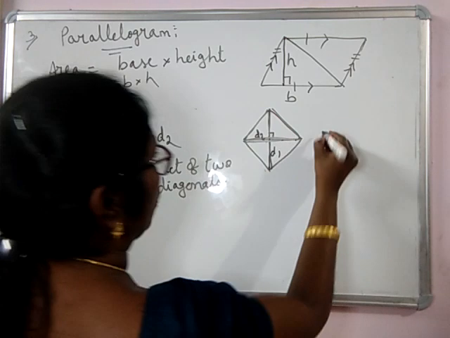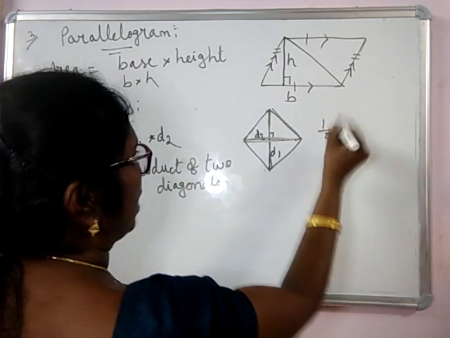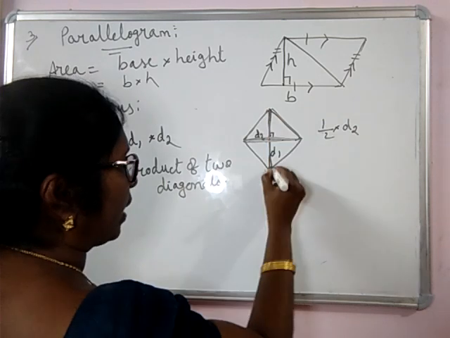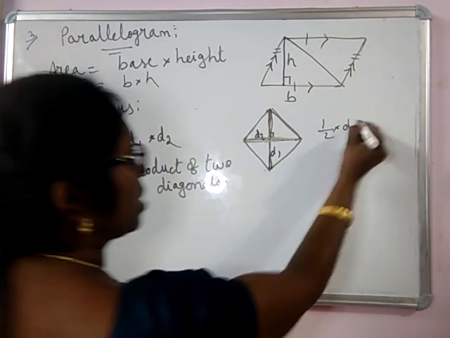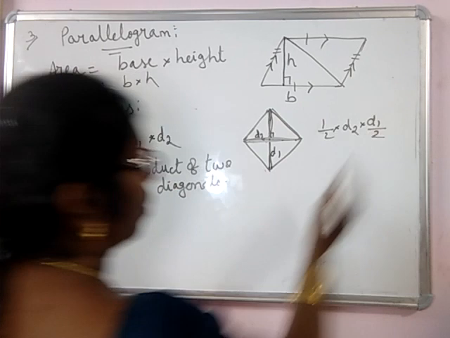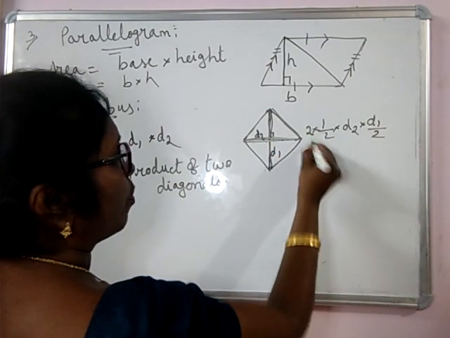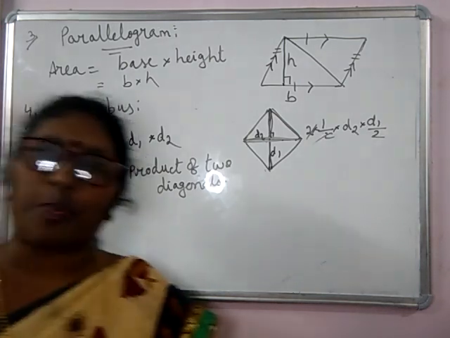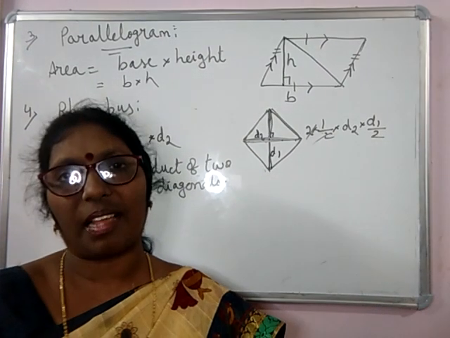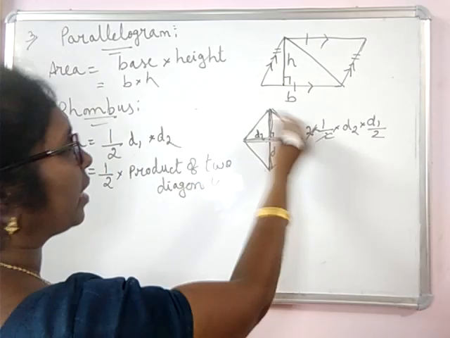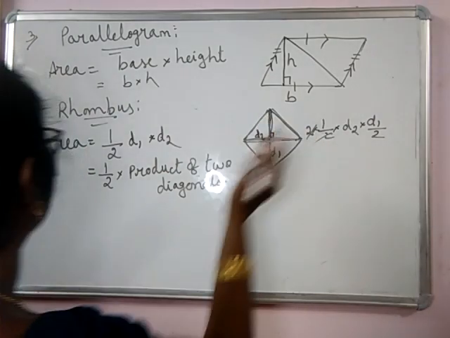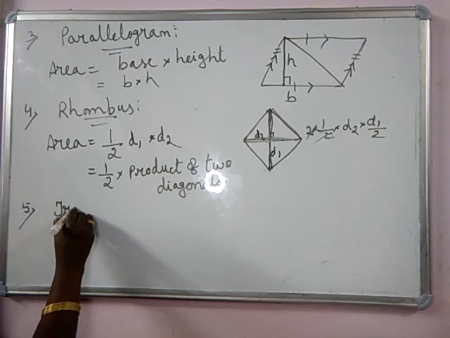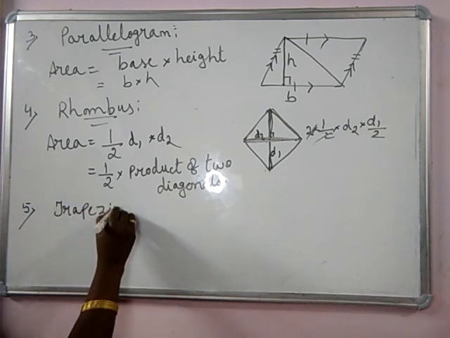Area of this triangle is half into base D2 and the height will be D1 by 2, where the complete diagonal is D1. Like the two triangles, if you multiply and cancel, D1 D2 by 2. That is what half into product of the diagonals gives you the area of a rhombus. And perimeter is sum of all the sides, 4 into side, just like square.